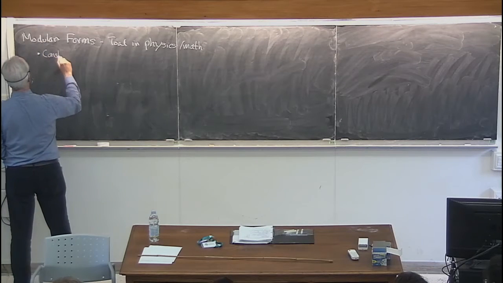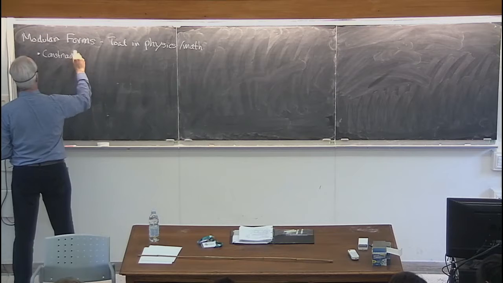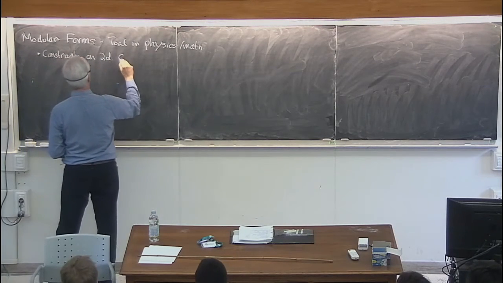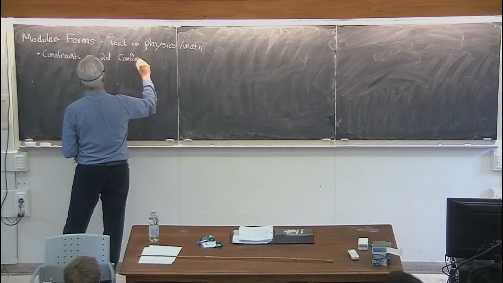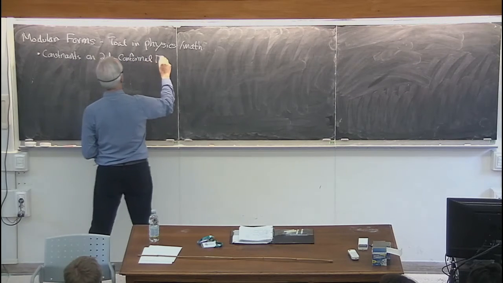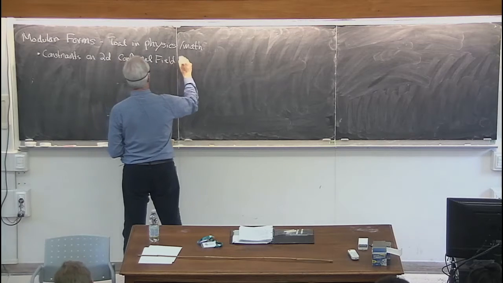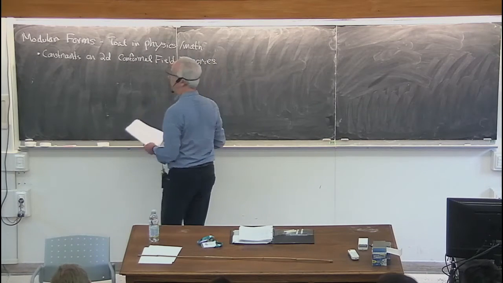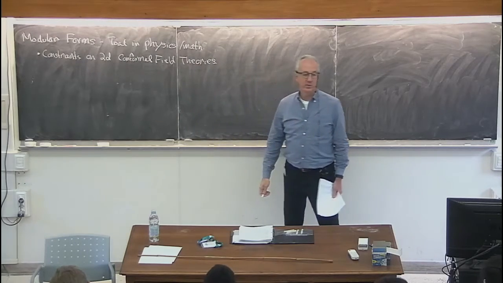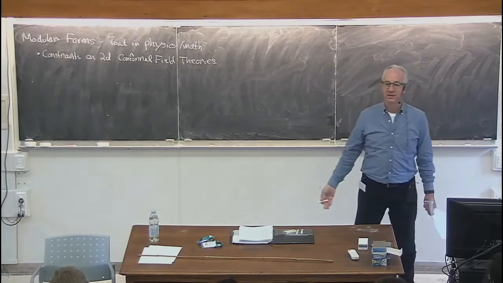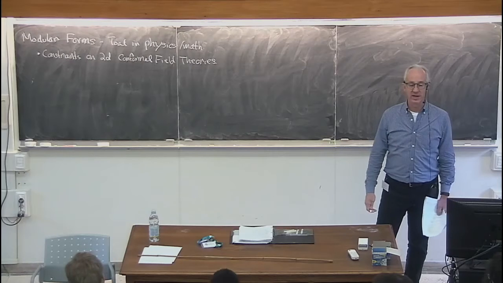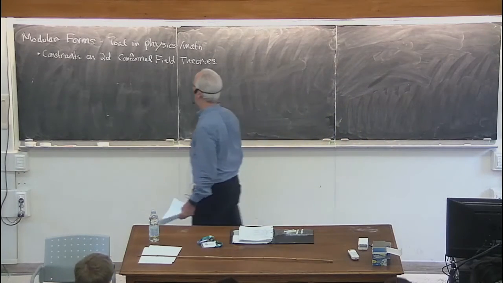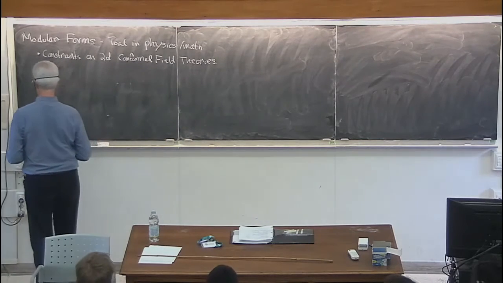One of the important things that they do is they give important constraints on two-dimensional conformal field theories, which play an essential role in condensed matter in the analysis of phase transitions in simple systems, and are also a building block for string theory.